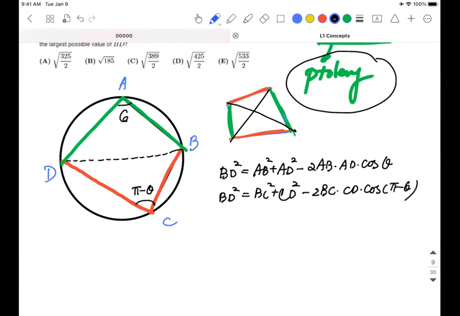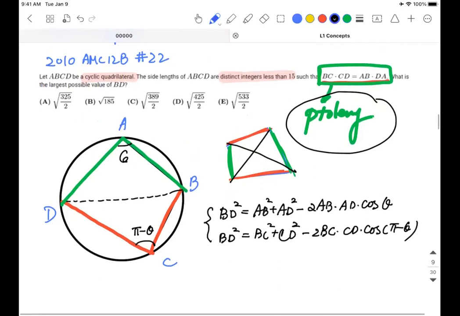Very understandable. As long as you have two equations, your goal is to try to determine the value of BD, right? Don't forget where we come from. As long as you have two equations, what are you going to do? Normally speaking, adding them together, subtracting one from the other, right? In the worst case, you might even multiply them together. That's pretty much what you can do. There's nothing else you can do, right?